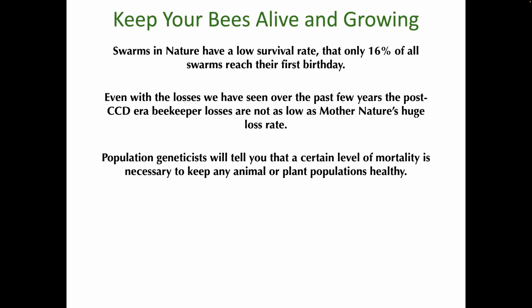He says that one out of 6, or 16%, of all swarms will survive and live to their first birthday. 16%, 1 out of 6. That means 5 out of 6 swarms don't make it. And so this puts a lot of pressure on beekeepers. Obviously, there's a lot of pressure on the bees to survive.